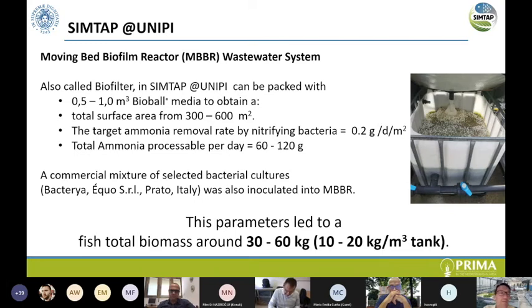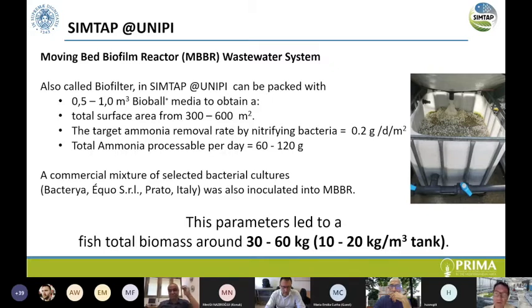So, for example, the bioreactor is a very important device because we have to convert the ammonia excreted by fish into nitrates, and here you can see the parameters of our moving bed biofilm reactor system.